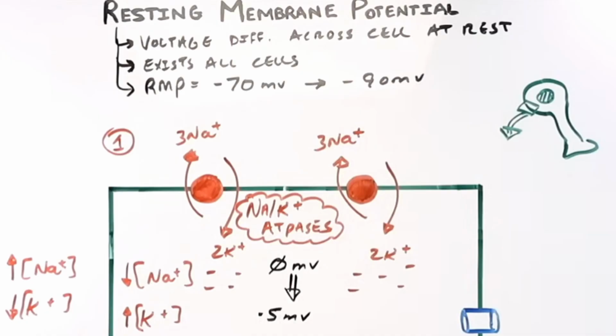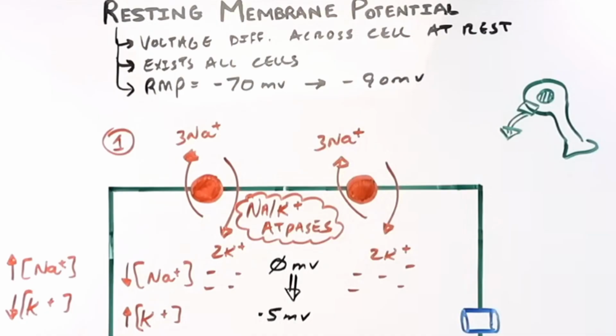If you do some simple calculations, taking three positives out of the cell and only bringing in two positive ions back in results in a net positive charge on the outside of the cell, which means it's a little bit more negative inside the cell. So, as an example, let's say we start off our resting membrane potential at 0 compared to the outside. With these sodium-potassium ATPases, it becomes negative 5.